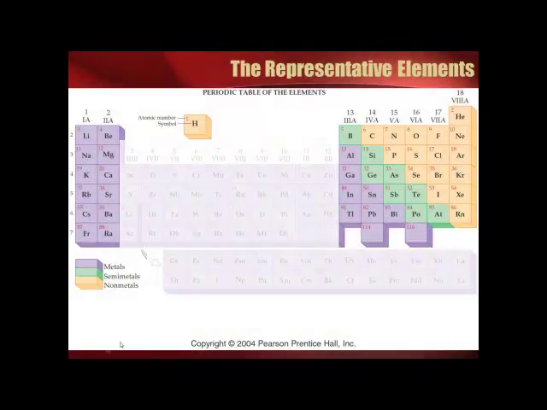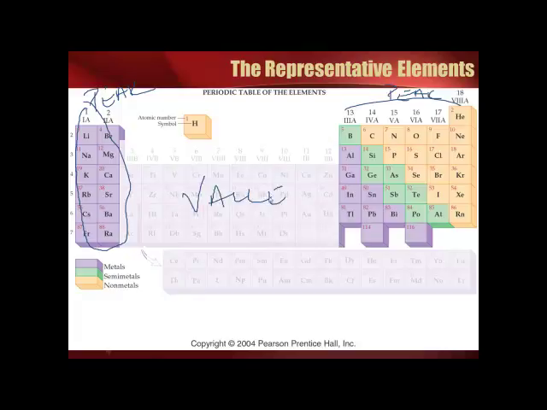Okay, your representative elements. So your representative elements are anything that is what I call the mountains. So here, this would be, or a peak. This is a peak. This over here is a peak. And this would be in the middle, this is a valley.